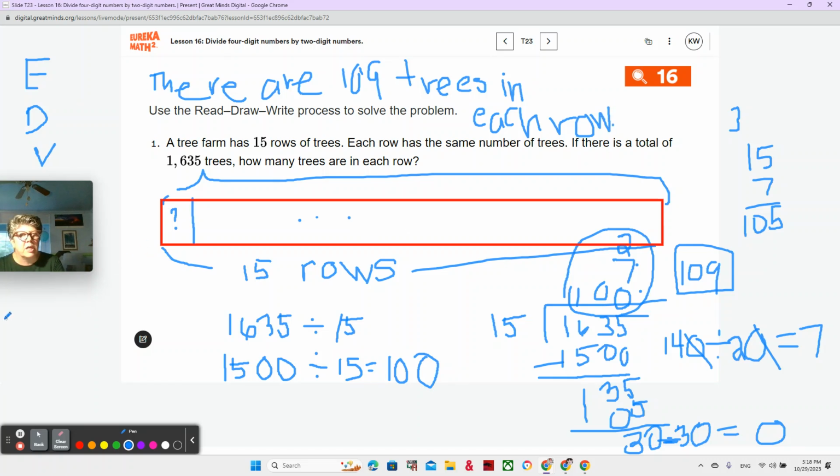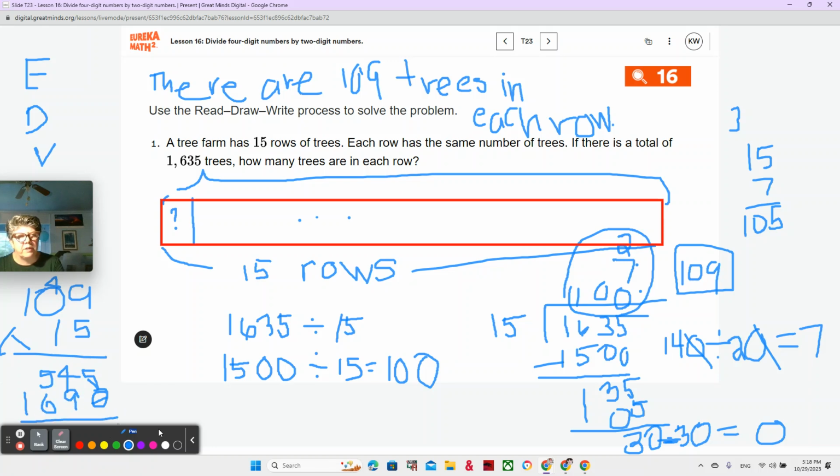109 times 15. Don't just write it down. Do the math and double check it. 5 times 9 is 45. 5 times 0 is 0 plus 4. 5, magic 0, 9, 0, 1.